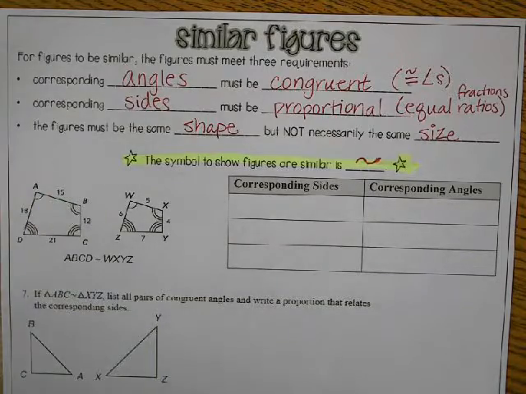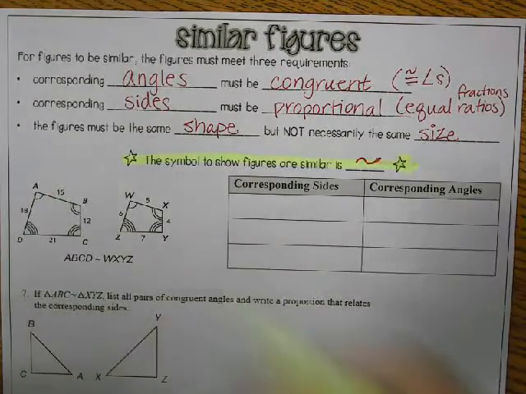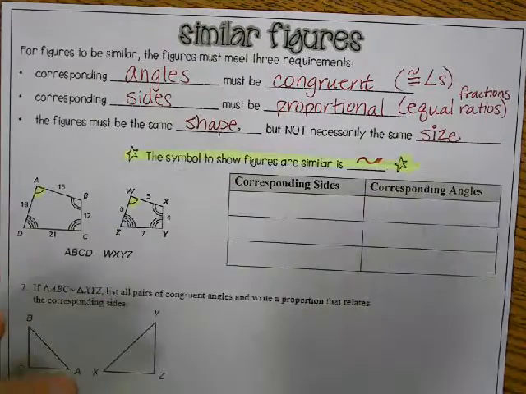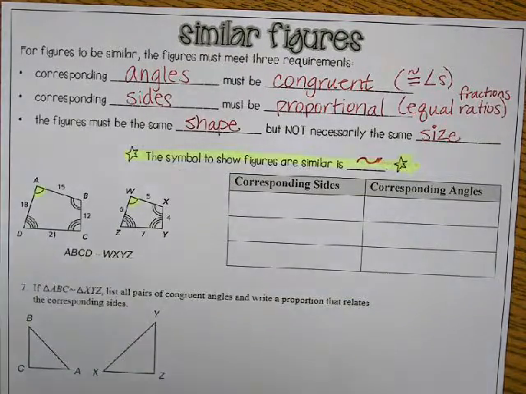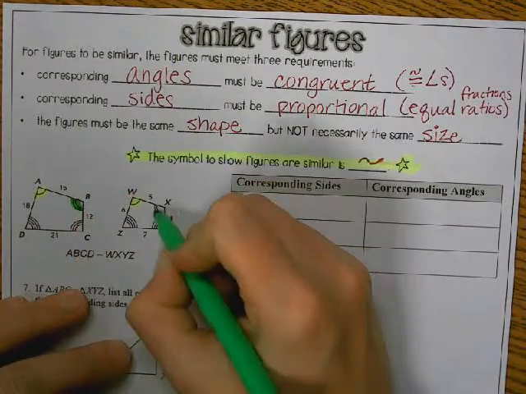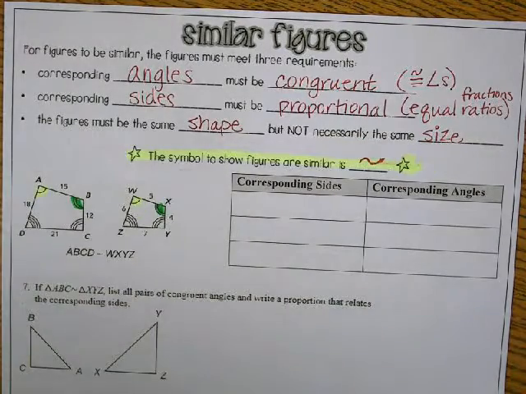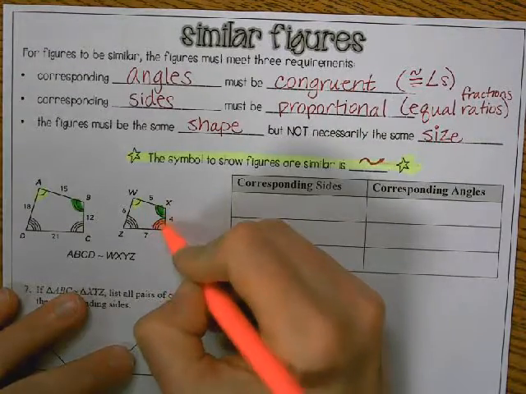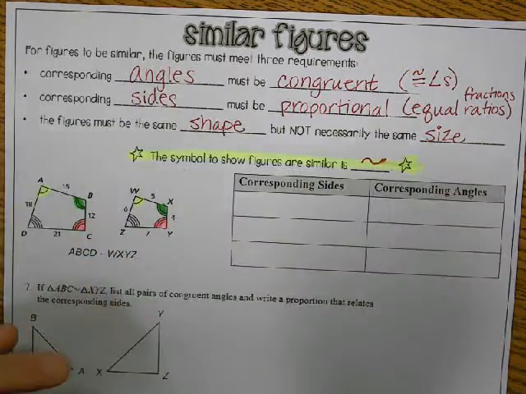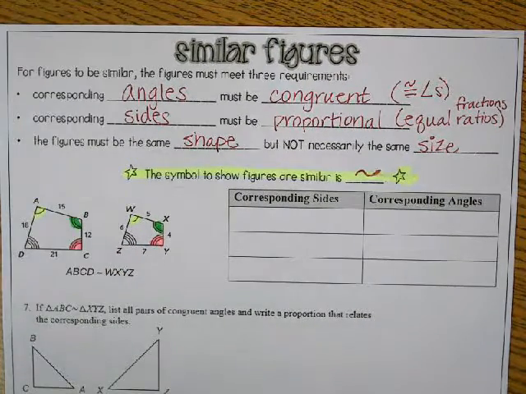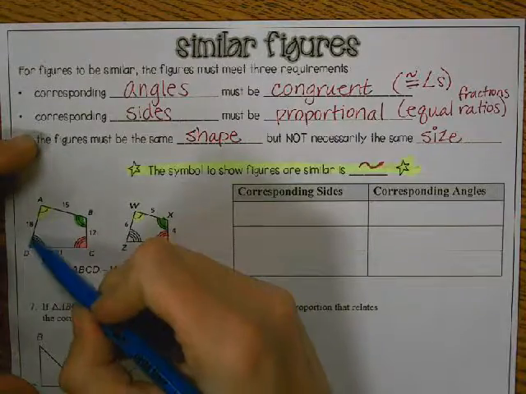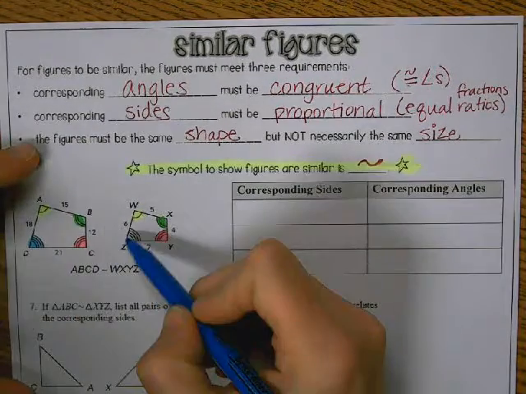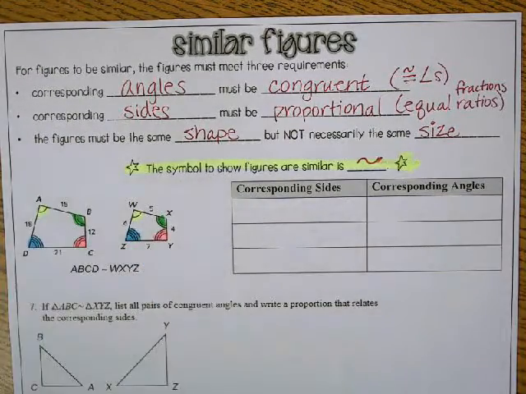The big thing is that we want to match up the angles together. So what I like to do is take a highlighter and highlight my angles so I can see them. We did this once before in a previous unit when we talked about congruent triangles. This is just going to help us match up our sides and our angles.